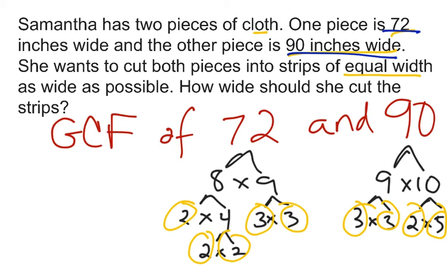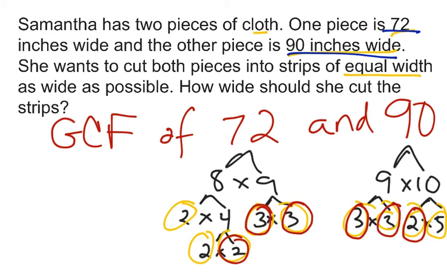So for its greatest common factor, I need my common numbers. So my common numbers, I have a 2 here and here. That's it for my 2's. I have a 3 here, a 3 here. I have another 3 for 72 and another 3 under my 90.